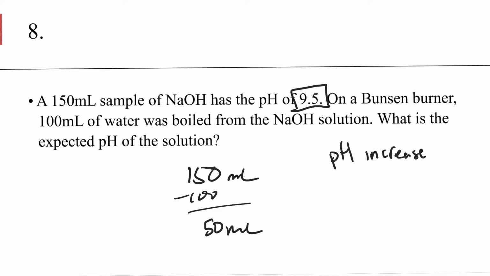All right, and so let's think about this. You have 150 mils. And remember, pH is always to the power of. So we just have to see how many powers did we decrease by. If we have the decimal point here and we took off 100, if we took off one power of 10, then it would have been about 15 mils.